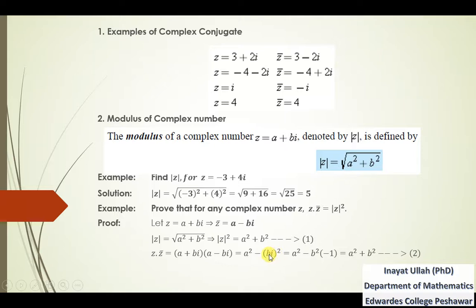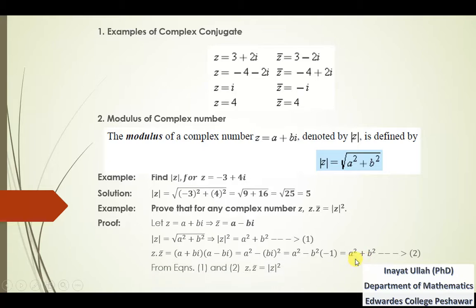Now from here, that is actually b square into iota square, but iota square is minus 1. So that is minus 1, and minus minus plus, so that is a square plus b square, that is equation 2. From equation 1, the square of modulus is a square plus b square, and from equation 2, the product of z with its conjugate is the same, a square plus b square.